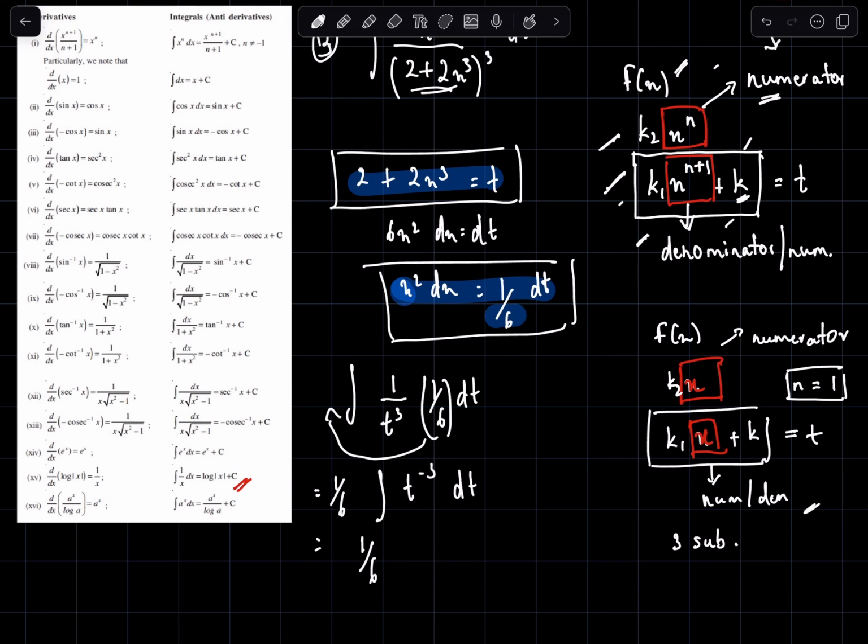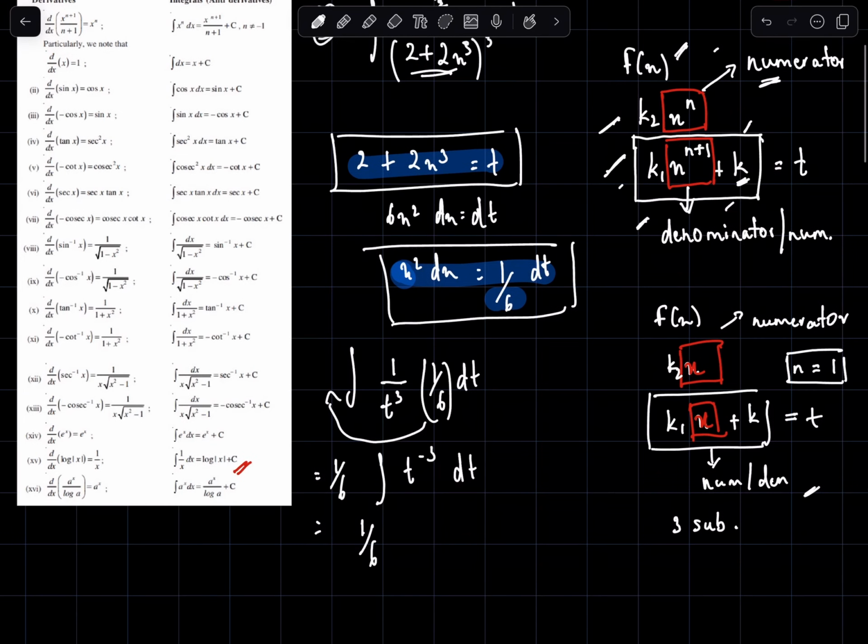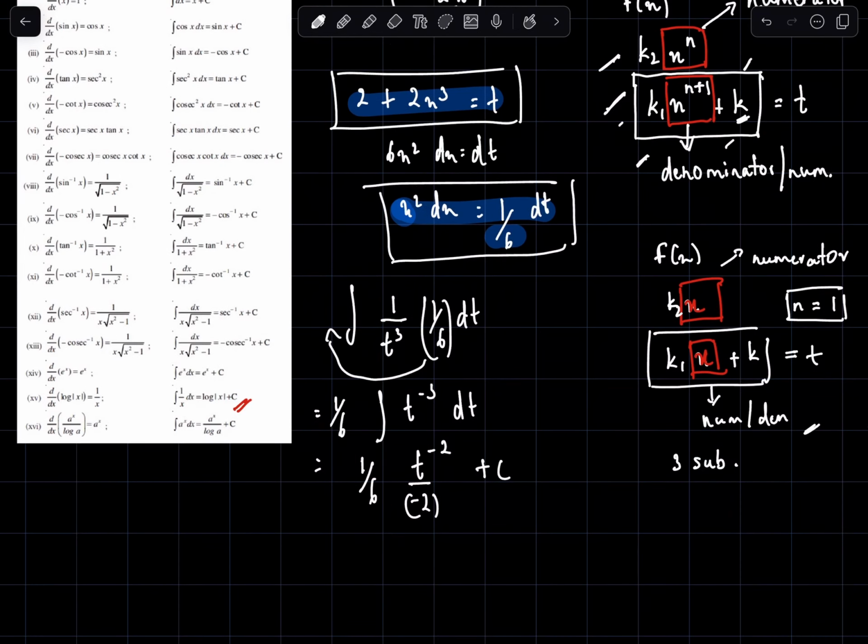Plus 1, minus 1, minus 2. So 1 by 6 times t raised to the power minus 2 divided by minus 2 plus c. And just substitute t. You know the value of t. 6 times 2 is 12, and this is negative. And what is t? 2 plus 2x cubed to the power of minus 2 plus c.